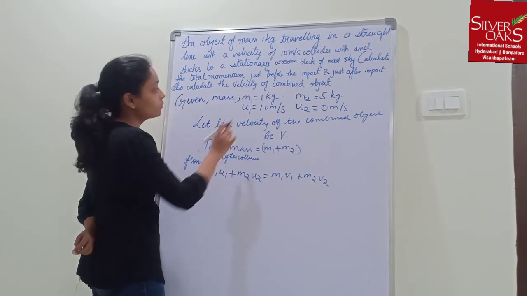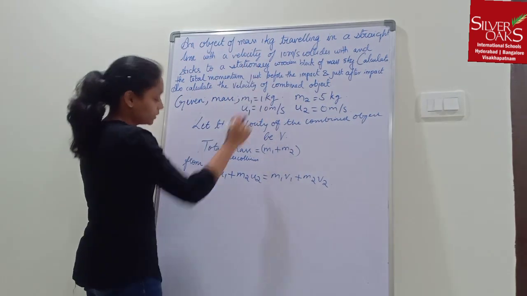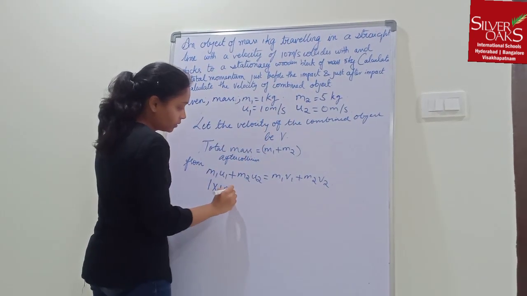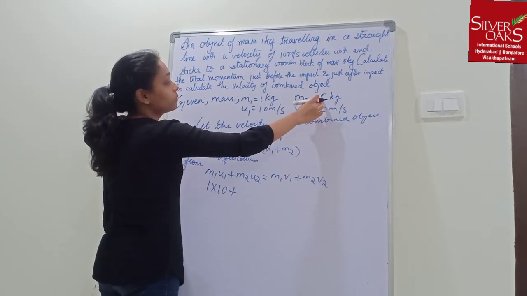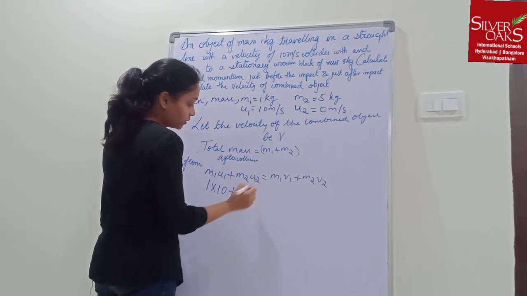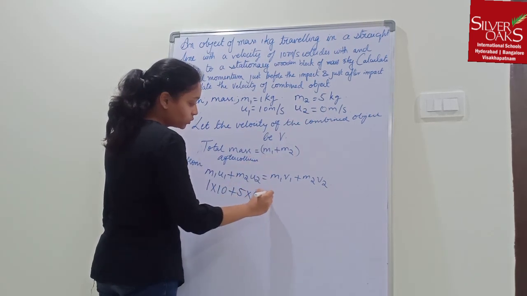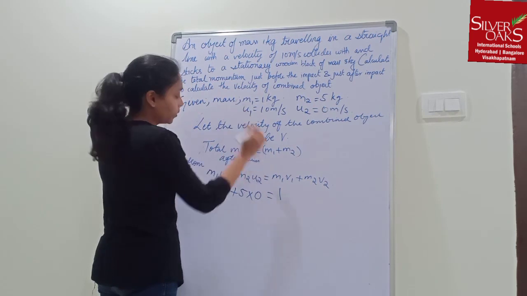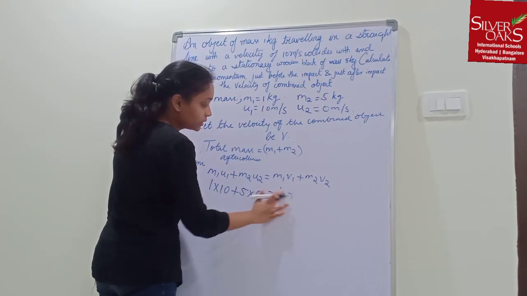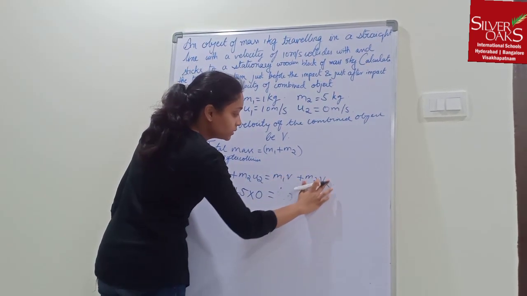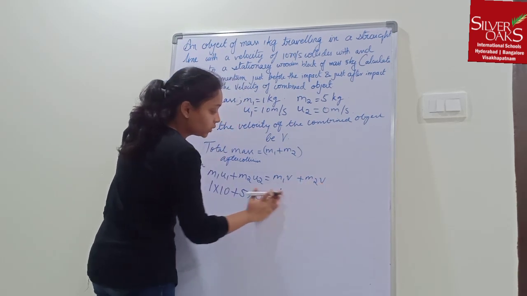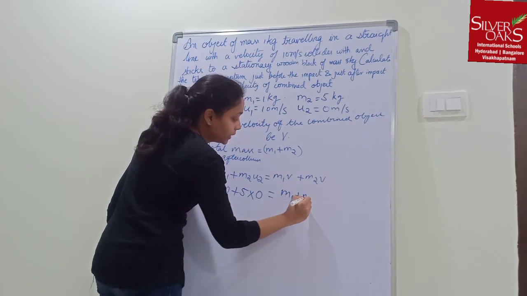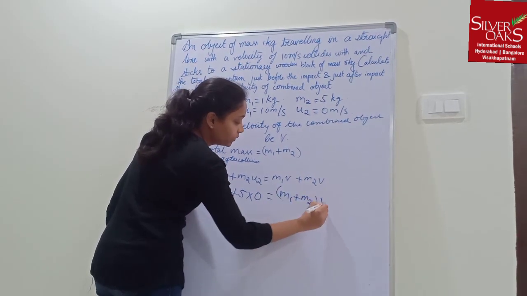Mass m1 of the object is 1 and u1 is 10, plus mass of the block is 5. Since it is at rest, its velocity would be 0. And same thing, mass of the object is 1. Since we have chosen the velocity to be v, it will be m1 plus m2 into v.